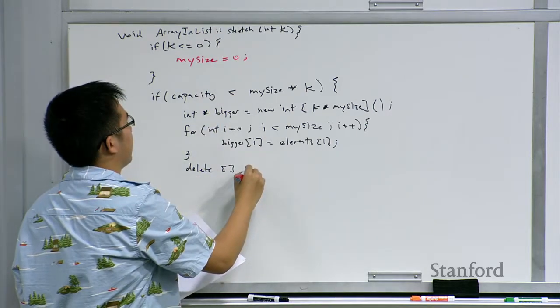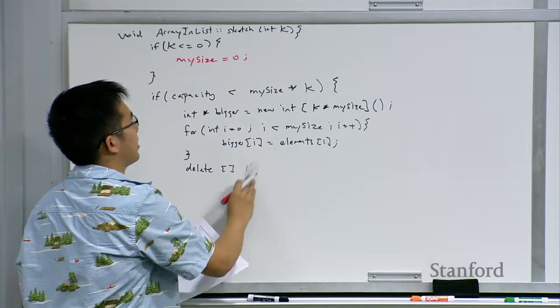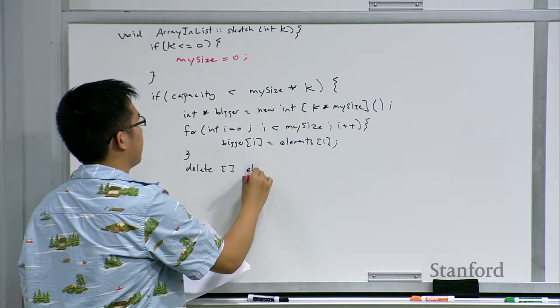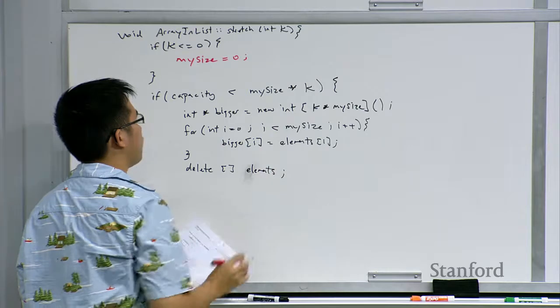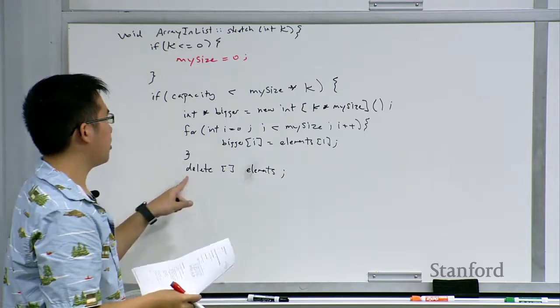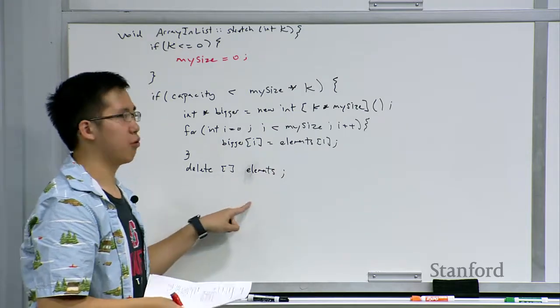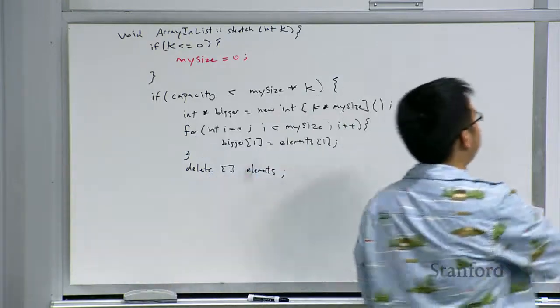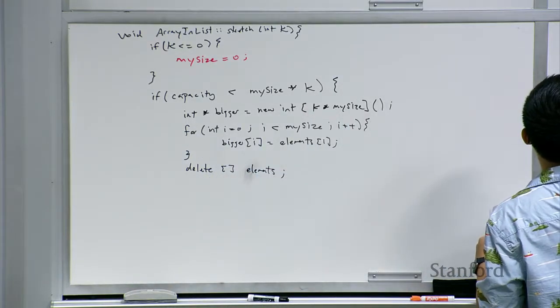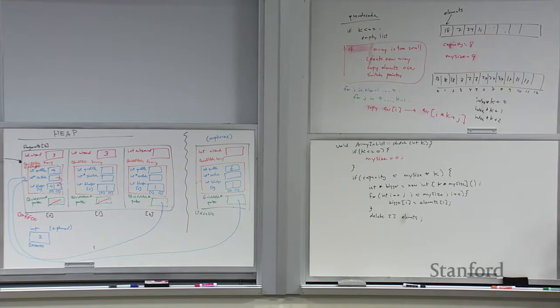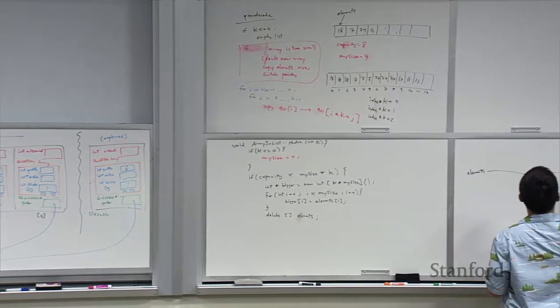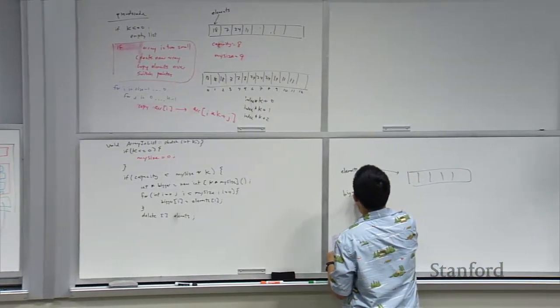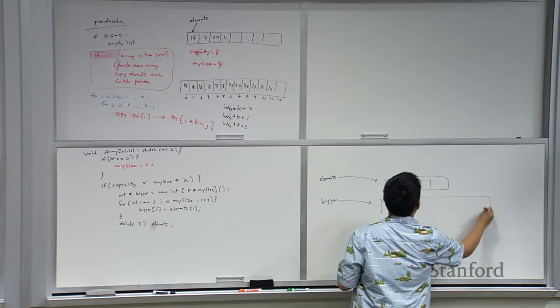So delete that bigger. No, not bigger. Bigger is the array we want. Delete elements. Okay. Here's a common misconception, which is when you call delete elements, you can't use the elements pointer anymore. But in reality, you actually can, because elements is a pointer to some array. Bigger is also a pointer to some array.